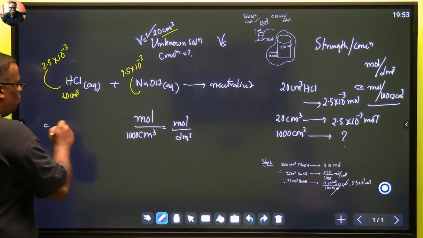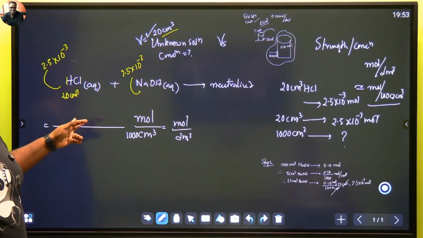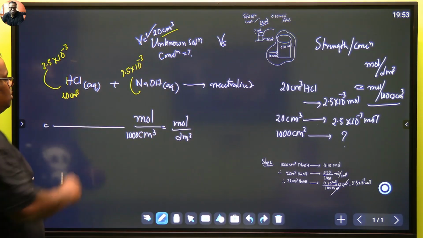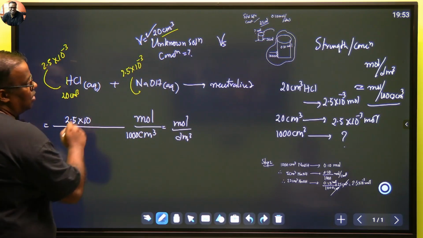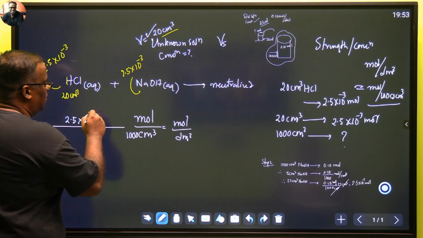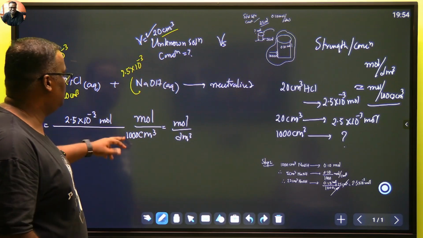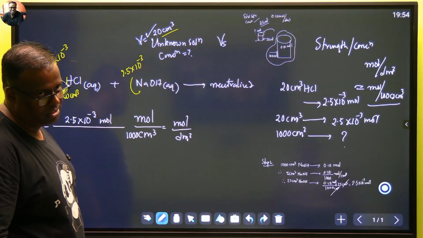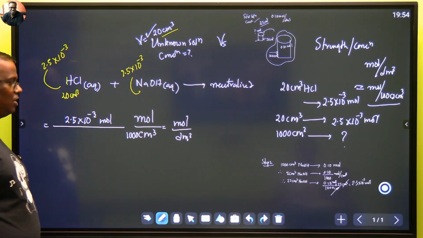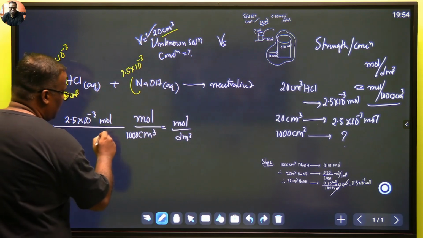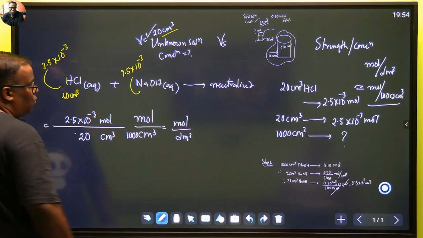That means whatever calculation you are doing, on top you should have what? The moles. What is the mole? 10 to the power minus 3. That is the mole. And centimeter cube should be at the bottom. How much centimeter cube? 20 centimeter cube.